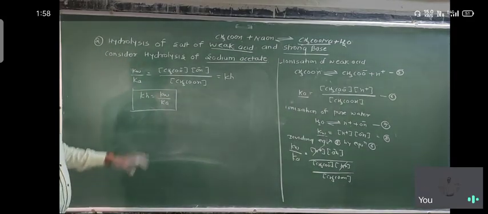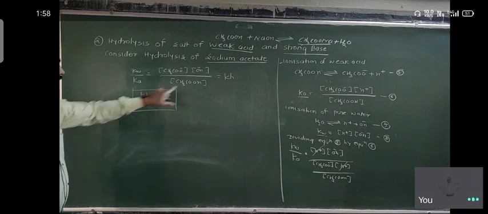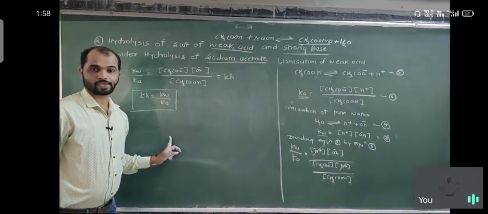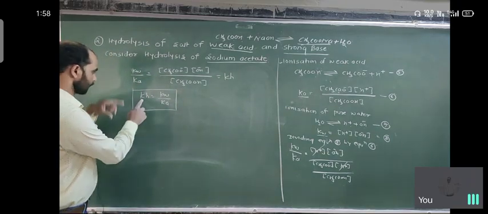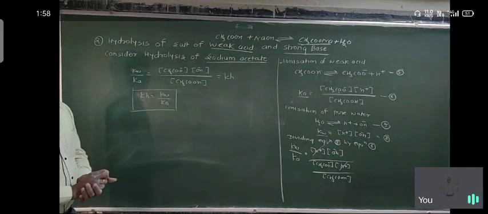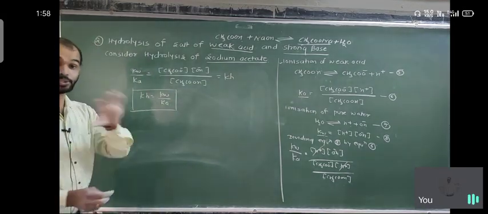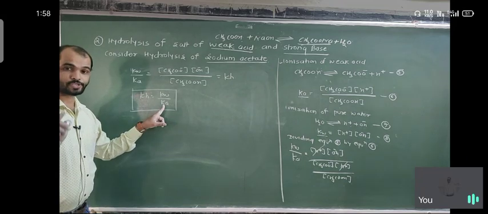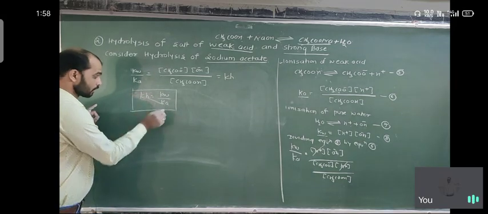We already have the equation of acetic acid, and the Kh is already calculated here. The Kh is equal to this ratio. That means Kh is equal to Kw upon Ka. So simply, the hydrolysis constant is inversely proportional to the dissociation constant of the weak acid.